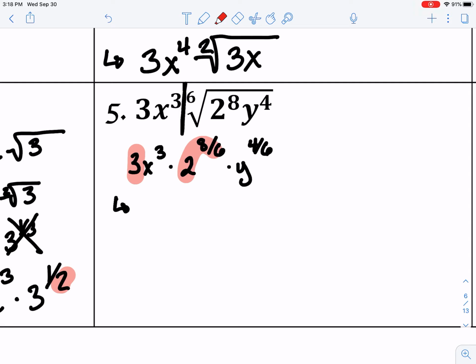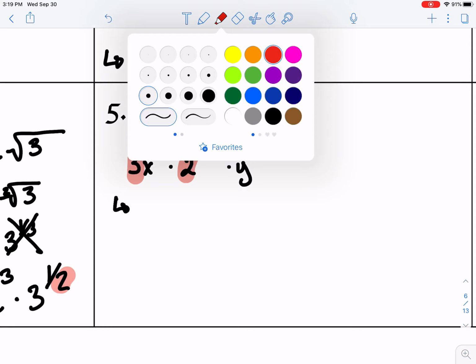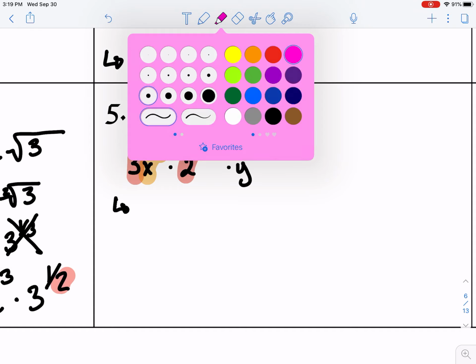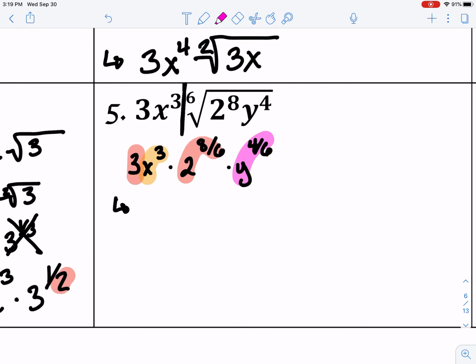Right now we get some kind of decimal. And then if I look, I get x cubed, and I have y's. Now this is what you can't do. 3 to the first power times 2 to the 8/6 and say, oh, this is 6 to the 14 over 6, okay?